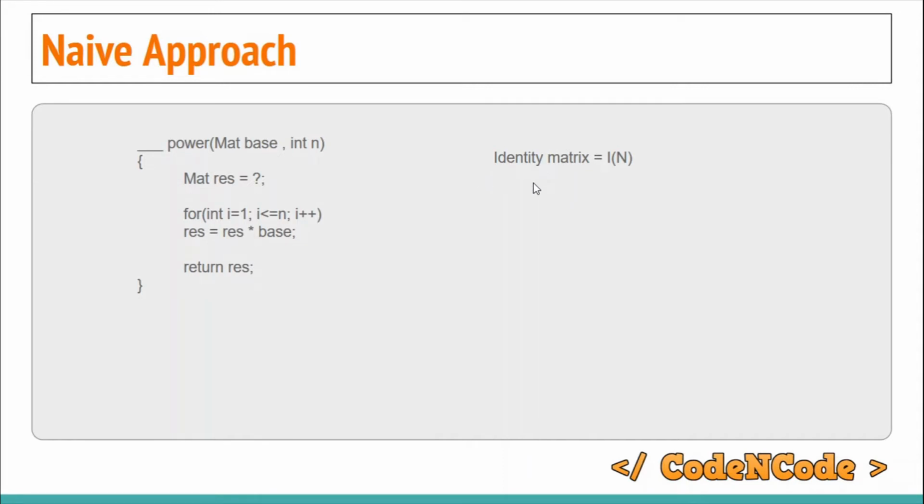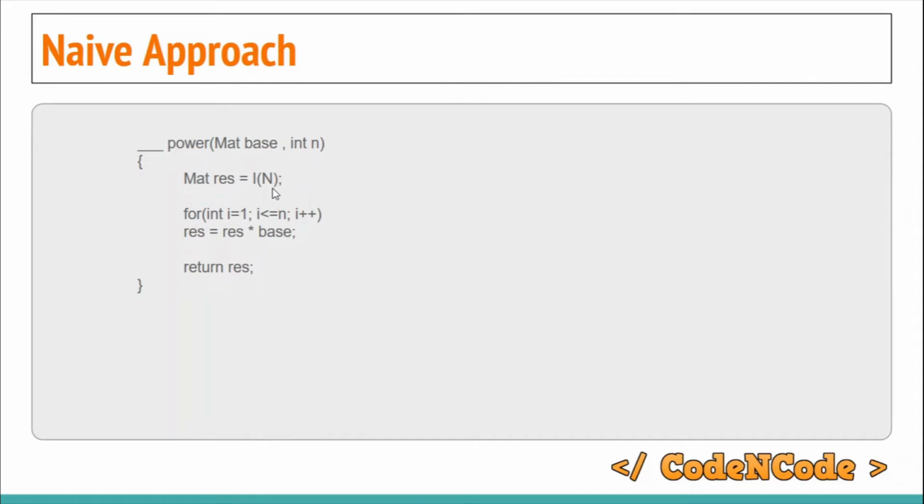So now we would initialize result with the identity matrix. So far so good. To calculate matrix A raised to power n, we would take a matrix of the same dimension as the base matrix, and we are talking about a square matrix here specifically.